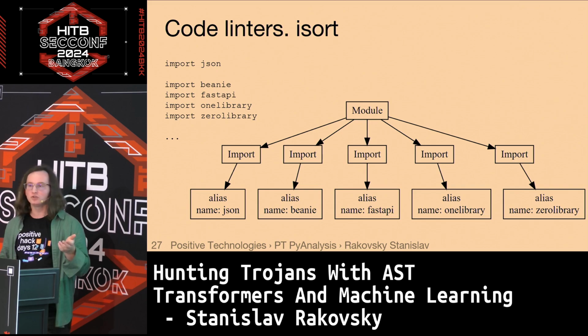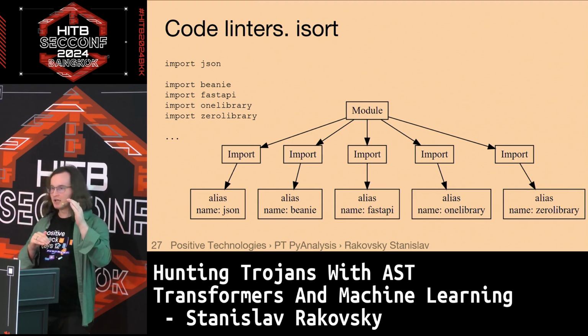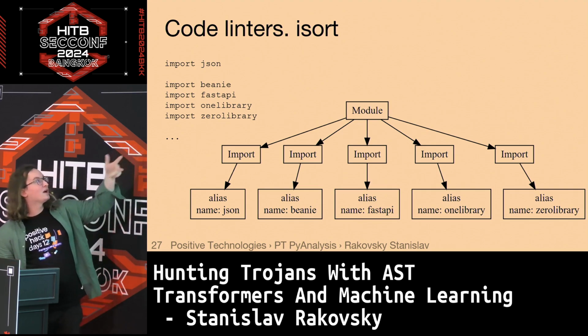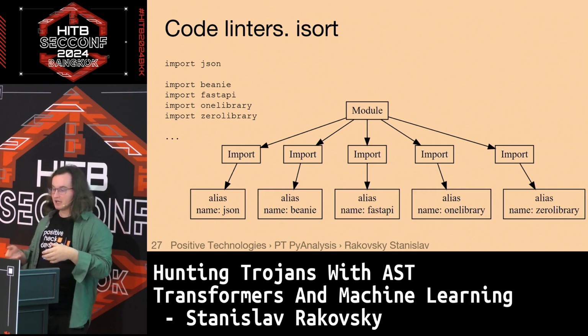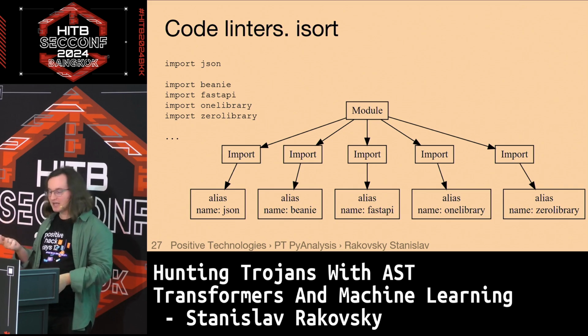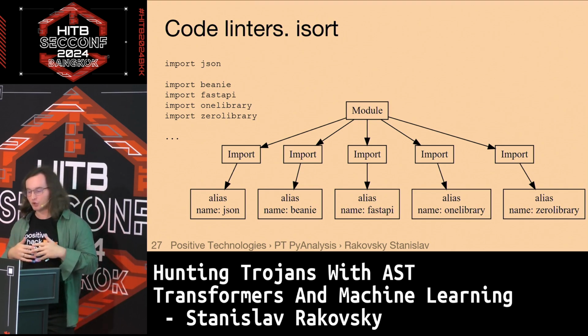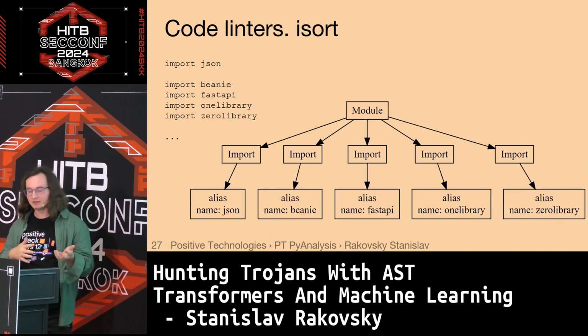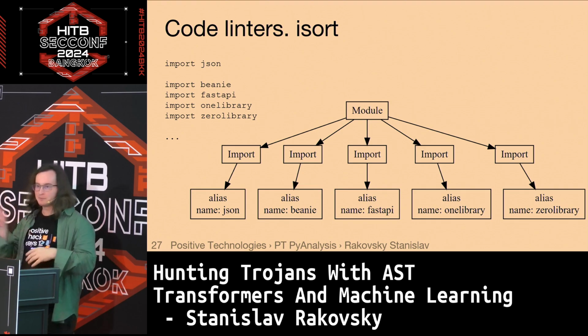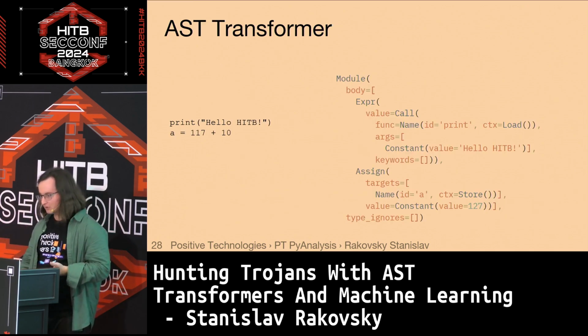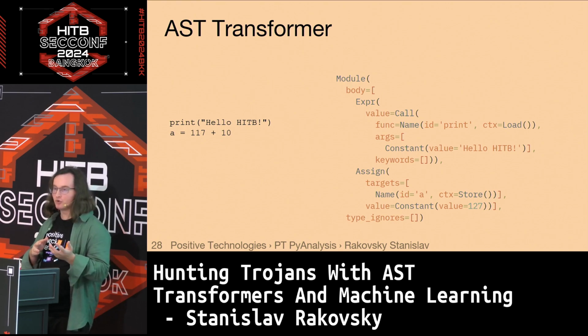We can see that our code was not only ordered, but also we have a blank line between the default library json and the third-party libraries like fastapi, one library, zero library. So isort knows how to work with the AST, and it can sort our nodes in the right order. But before that, we thought only about reading the AST, and isort somehow modifies it.